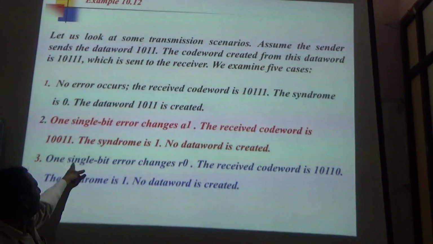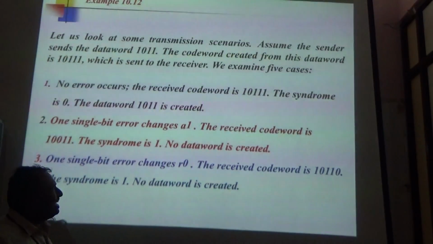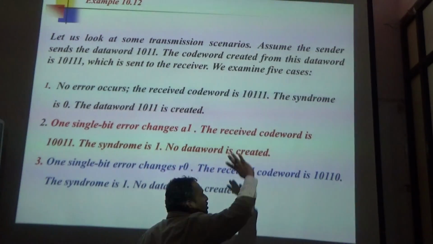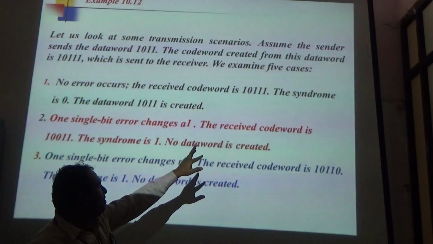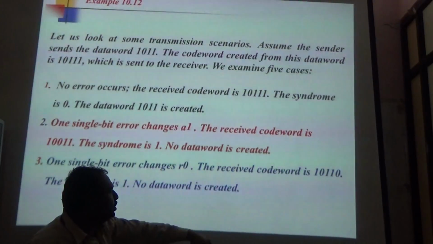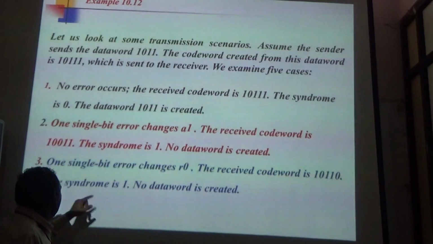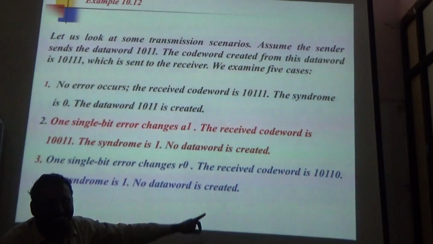Third is a single bit error occurring or changing in R0. So let us take the same example. The last bit here is R0. So 1011 is there. If R0 changes from 1 to 0, then the received code word will be 10110. Now the syndrome here is 1, so no data word is created.